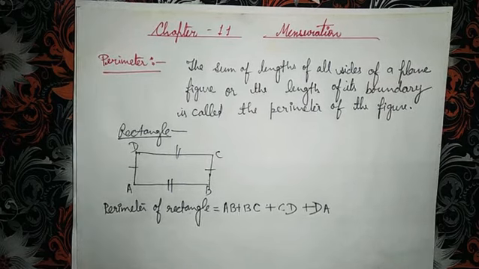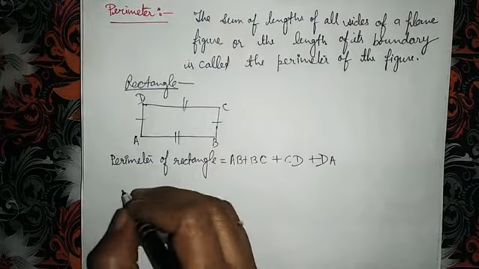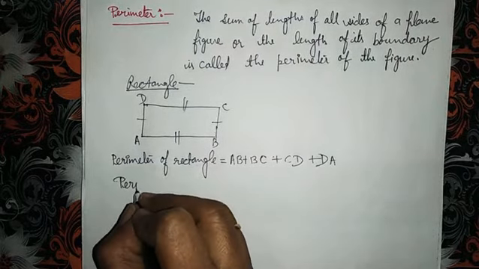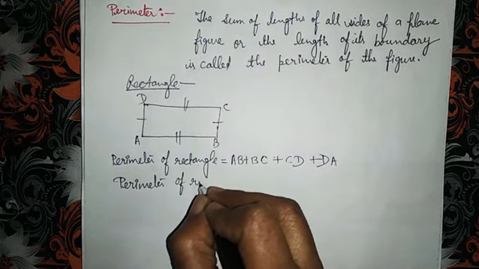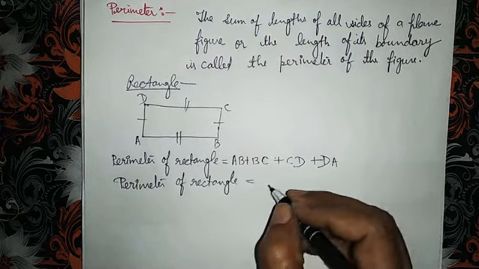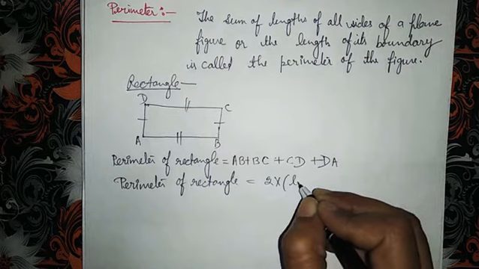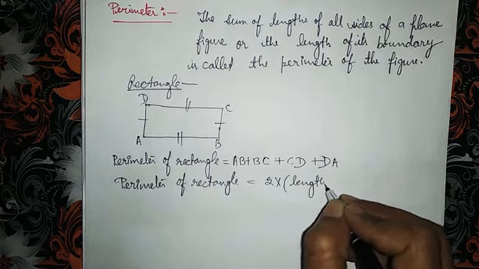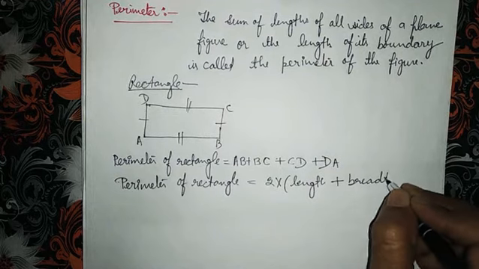And here one more formula to calculate perimeter of rectangle. Like this also you can calculate perimeter of rectangle. Here formula is 2 times of length plus breadth.